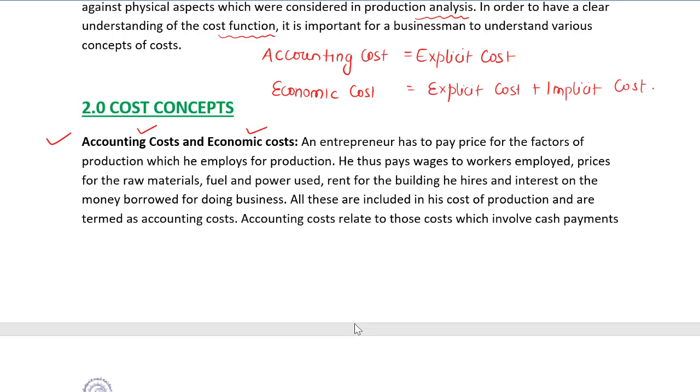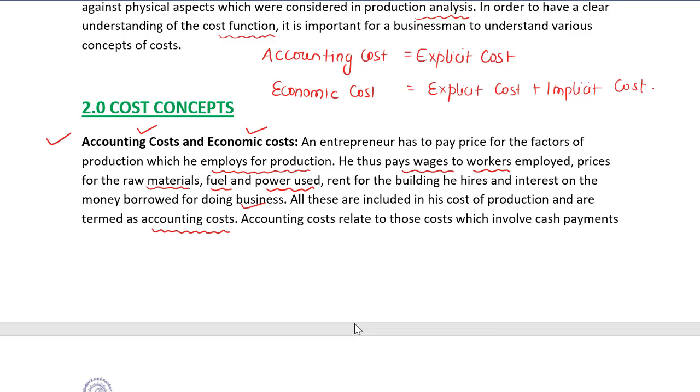An entrepreneur has to pay price for the factor of production which he employs for production. Thus, he pays wages to workers, prices of raw materials, fuel, power used, rent for building he hires, and interest on the money borrowed for doing business. All these are included in the cost of production and are termed as accounting cost.